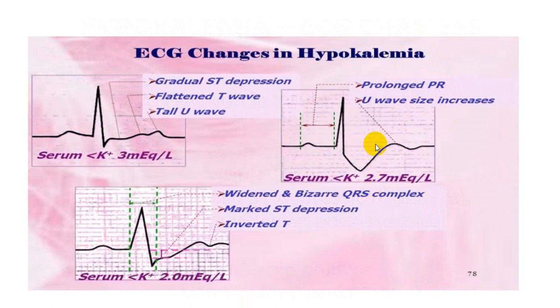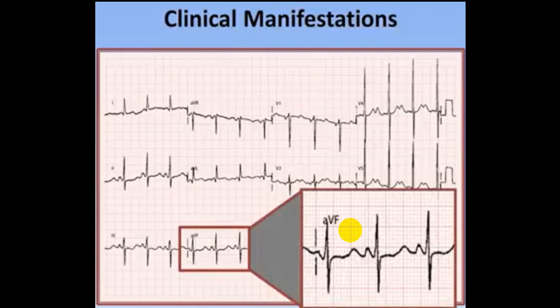Then further prolongation of the PR interval, U wave size will increase, and when it becomes less than 2, wide and bizarre QRS complex, marked ST depression, inverted T wave, and prominent U wave. So QRS complex widening will also suggest the potassium is becoming very low. We call it very severe hypokalemia.